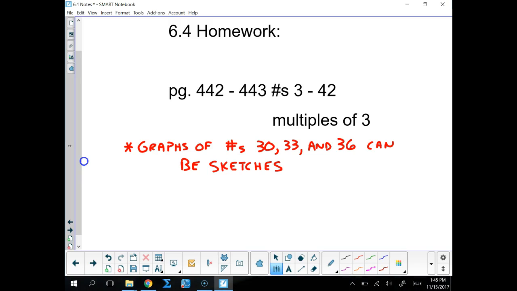If you want to put them on graph paper, that is your choice, but they can also just be sketches on your normal sheet. Okay? And the last class decided that this was due on Tuesday.